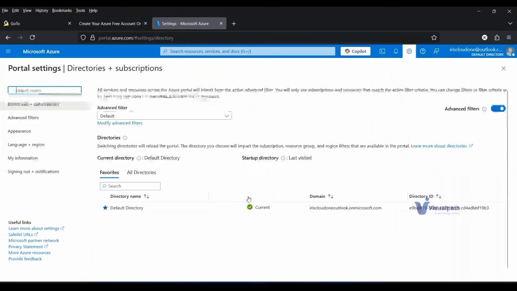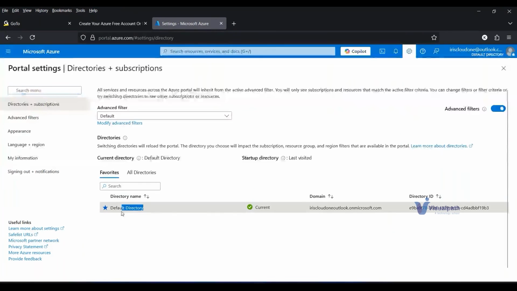Let me show you how that directory will look. This is how the directory looks, the default directory. So as part of your account, you'll be given a directory.